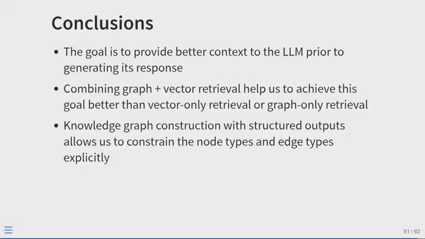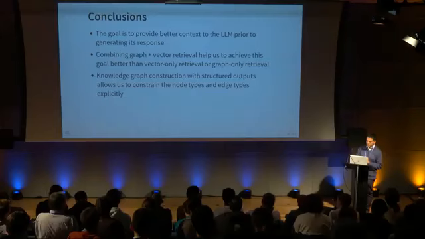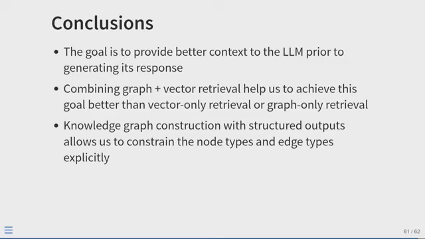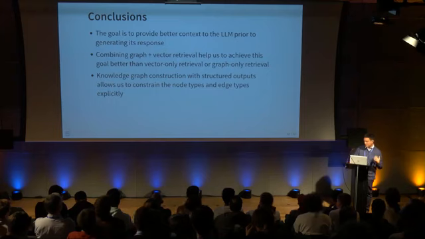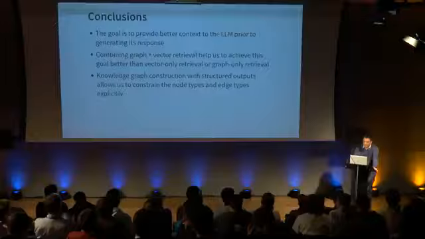In the case of vector, you look at semantic search, and in the case of graph, you look more at the structure. For example, you can search for the neighbors of a certain entity, or the neighbors of the neighbors. And knowledge graphs, thanks to structured outputs, allow you to constrain the node types and the edge types. So it really helps in the construction of knowledge graphs.